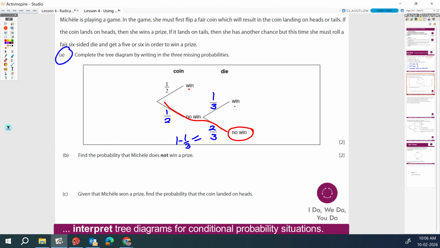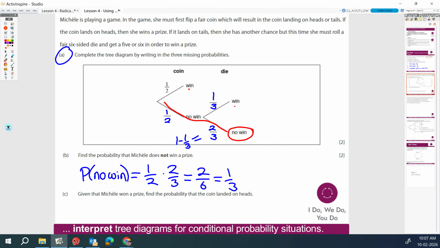So in this case, the probability of no win is going to be first she has to not win the first one, and then she has to not win the second one. And this will give us 2 out of 6, 1 out of 3. This is the probability of not winning a prize.